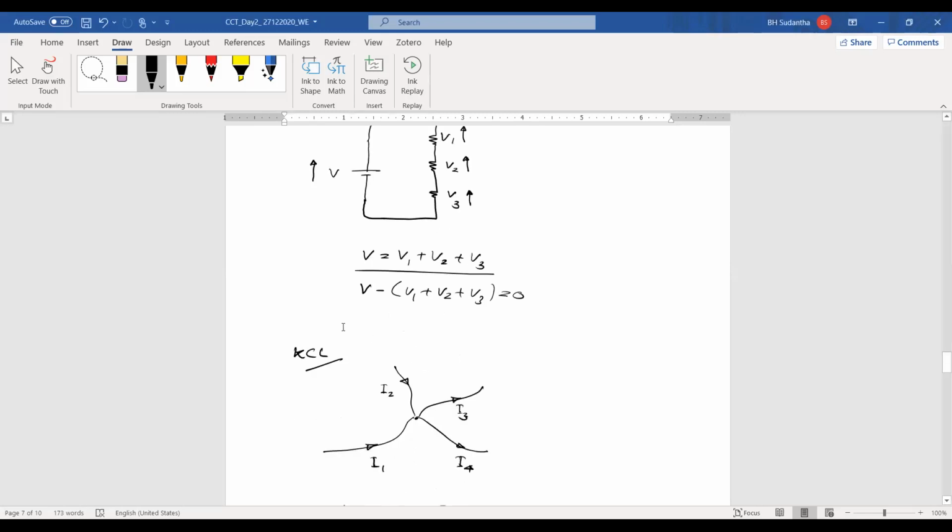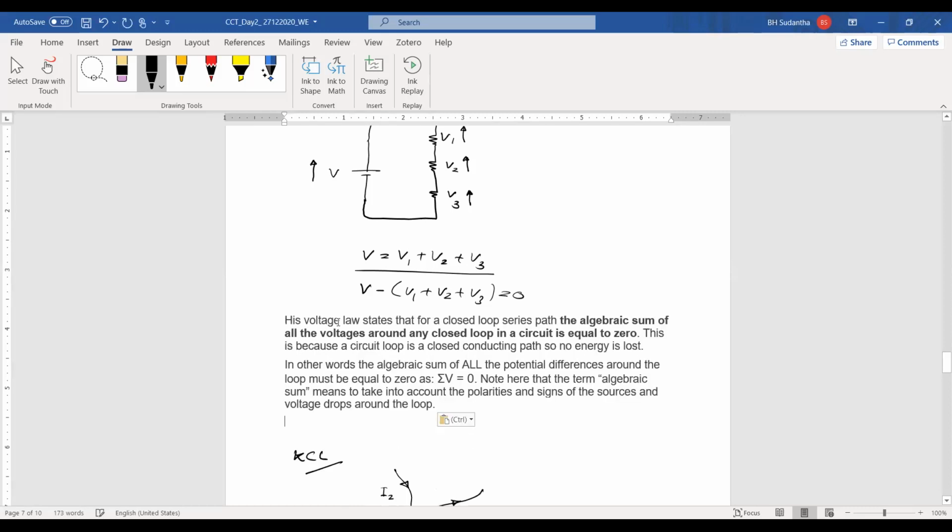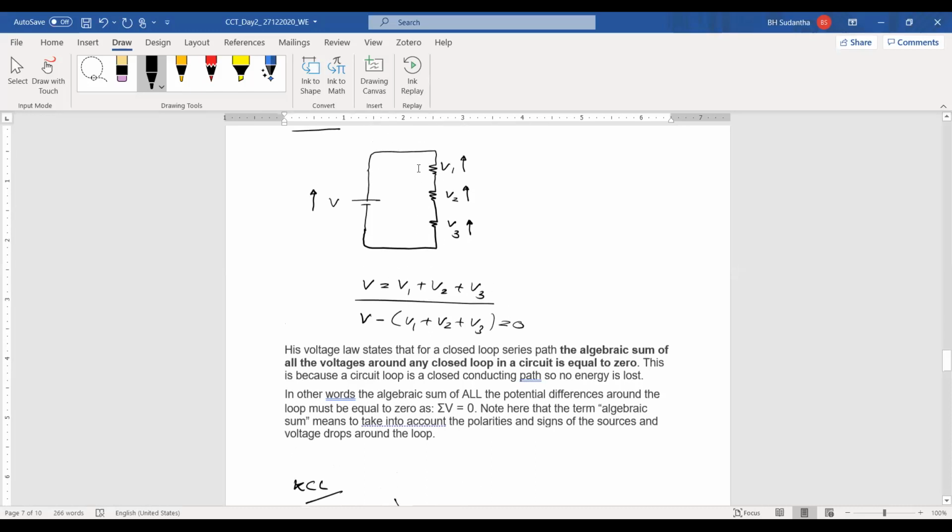I took this extract from the internet. Kirchhoff's voltage law states that for a closed loop like this, the algebraic sum of all the voltages around any closed loop in a circuit is equal to zero.